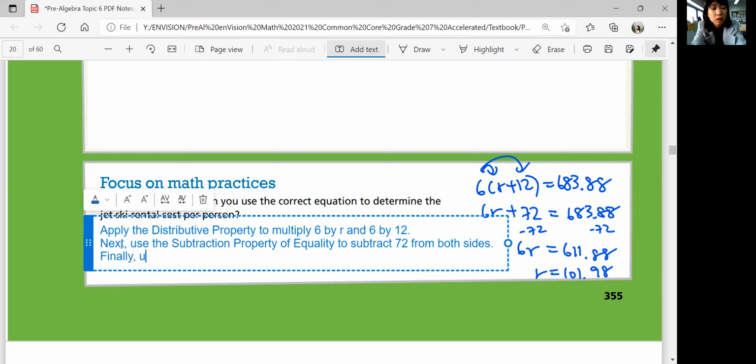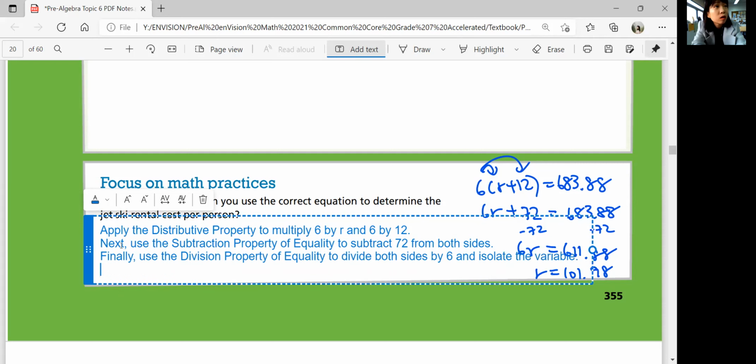Finally, use the division property of equality to divide both sides by 6 and isolate the variable. The jet ski rental cost per person r is 101.98.